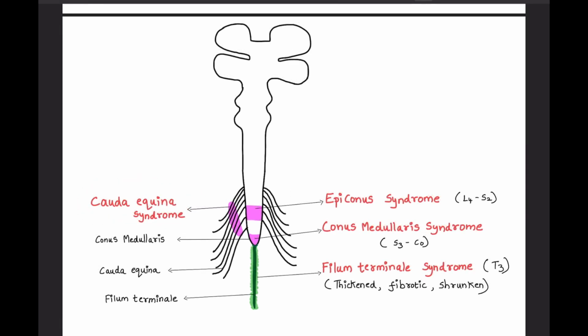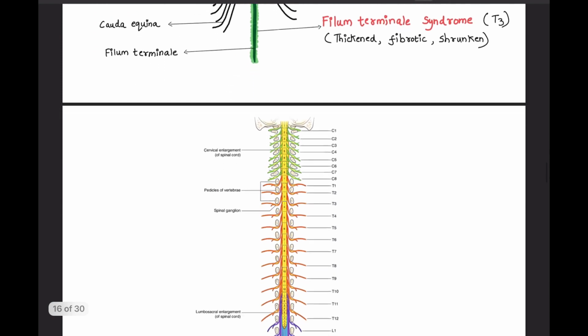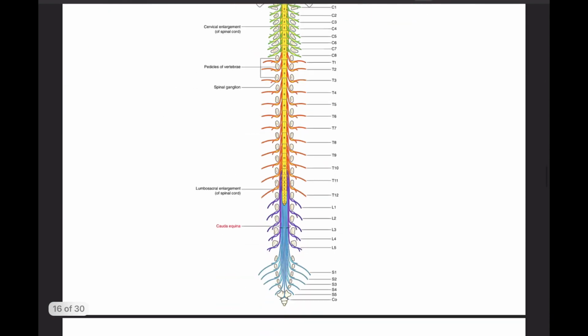And filum terminale syndrome is because the filum terminale becomes thickened, fibrotic and shrunken. It is seen at the level of thoracic vertebra T3. So let's see the individual syndromes.